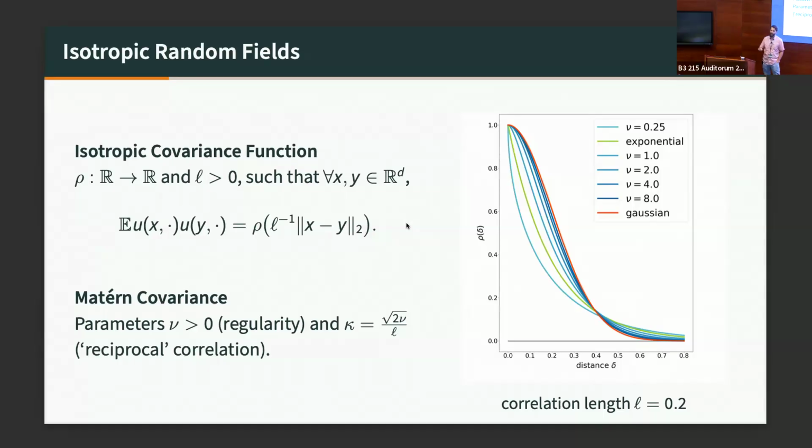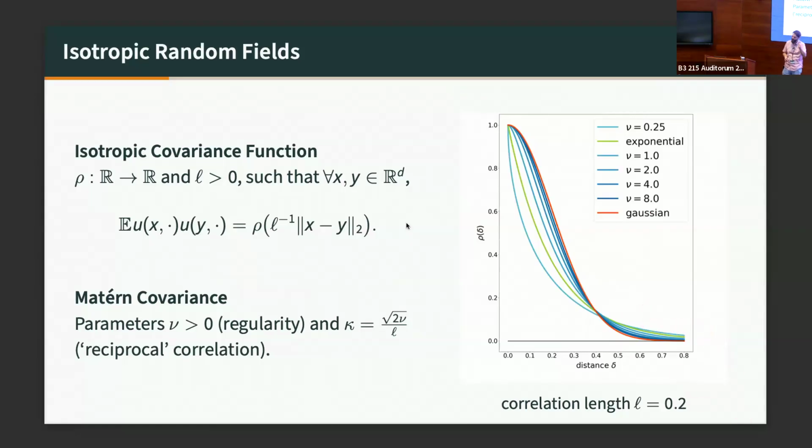One classical family, which is used heavily as priors in these Bayesian inference problems that I mentioned, or in UQ problems, is the Matern family of covariances. So the covariance function rho there is simply this function that you see here. It's a function of the distance. Depending on this nu parameter, you either have a very fast decay and a very light tail, or you have a slower decay and a heavier tail.